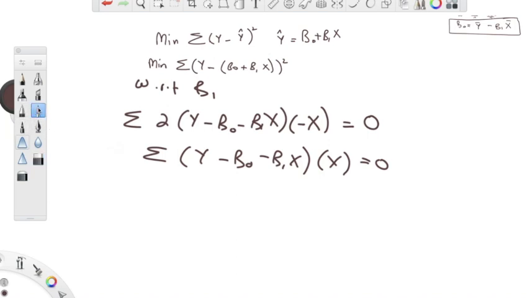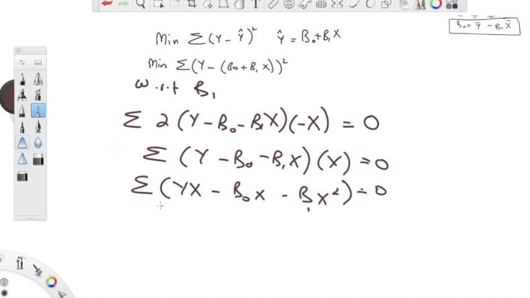And now you open this up. So you end up with yx minus beta naught x minus beta 1 x squared equal to 0.